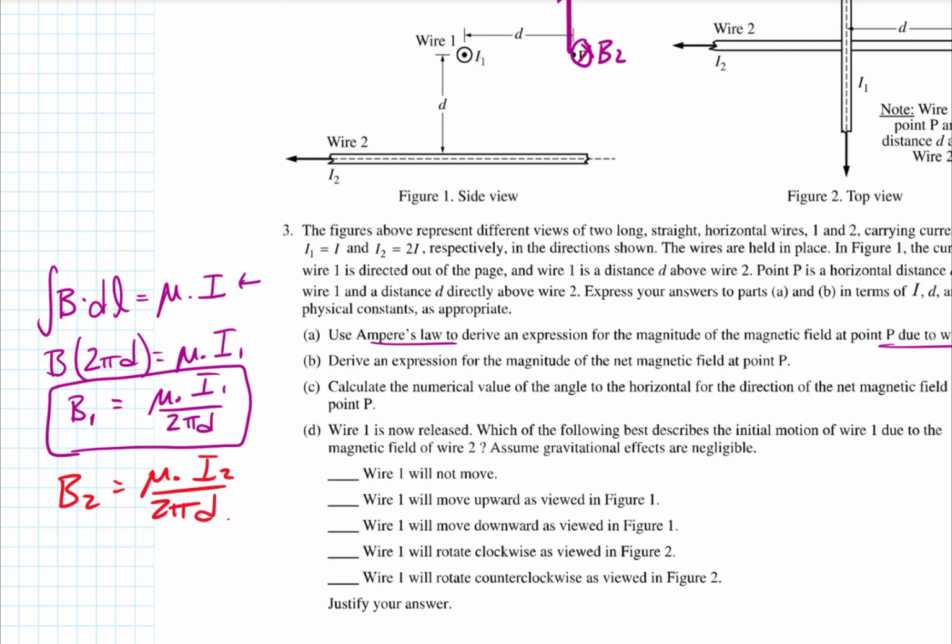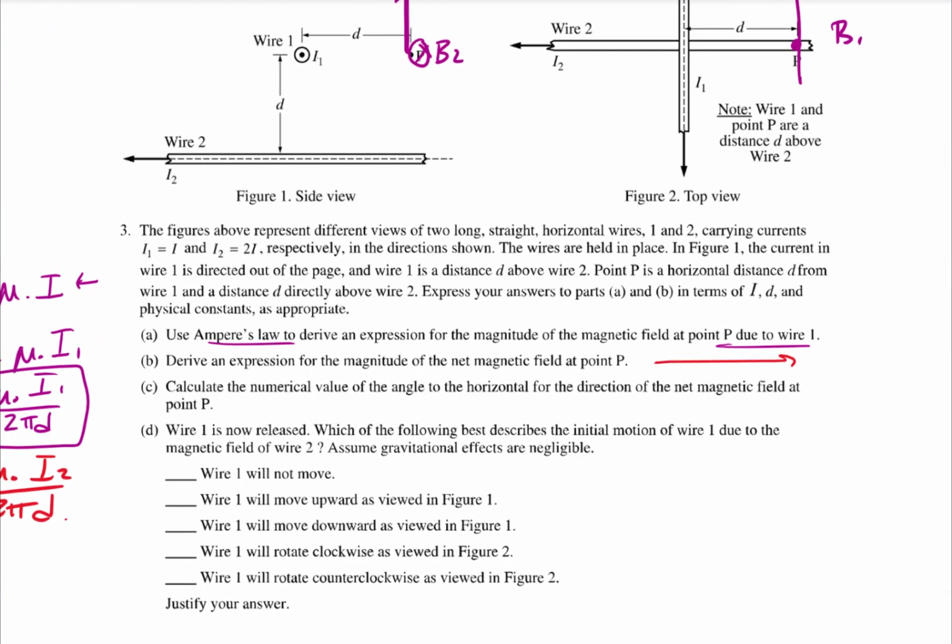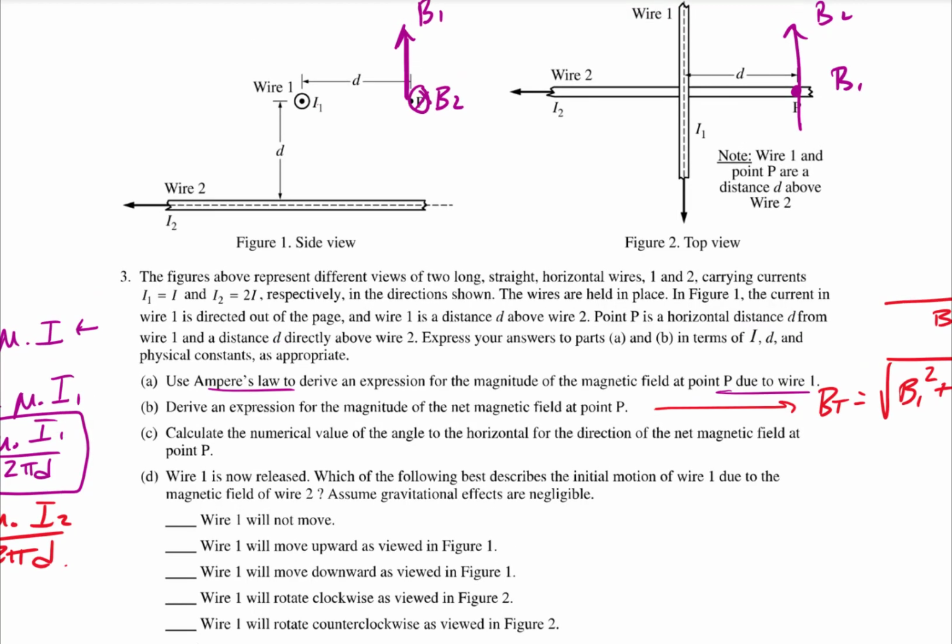So if we want the total magnetic field at point P, it's going to be the vector sum of those two things. The total magnetic field is going to be the square root of B1 squared plus B2 squared. Because they're 90 degrees to each other, if we had another view, we'd have B1 in this direction and B2 at 90 degrees to it. So it'd be pointing in that direction.